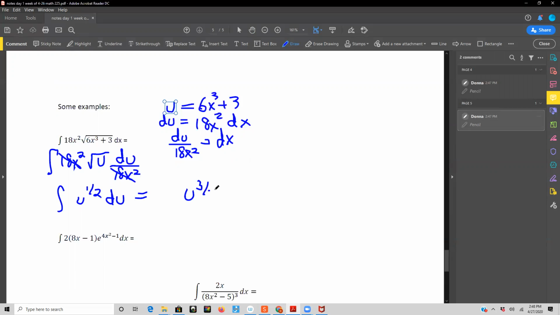U to the 3/2. And you're going to divide by 3/2, which means I'm multiplying by its reciprocal, so it's 2/3. Now all that's left to do is replace u. So 2/3, what's u? U is 6x cubed plus 3, and we're raising it to the 3/2 power. And don't forget the plus c for all these indefinite integrals, as usual.